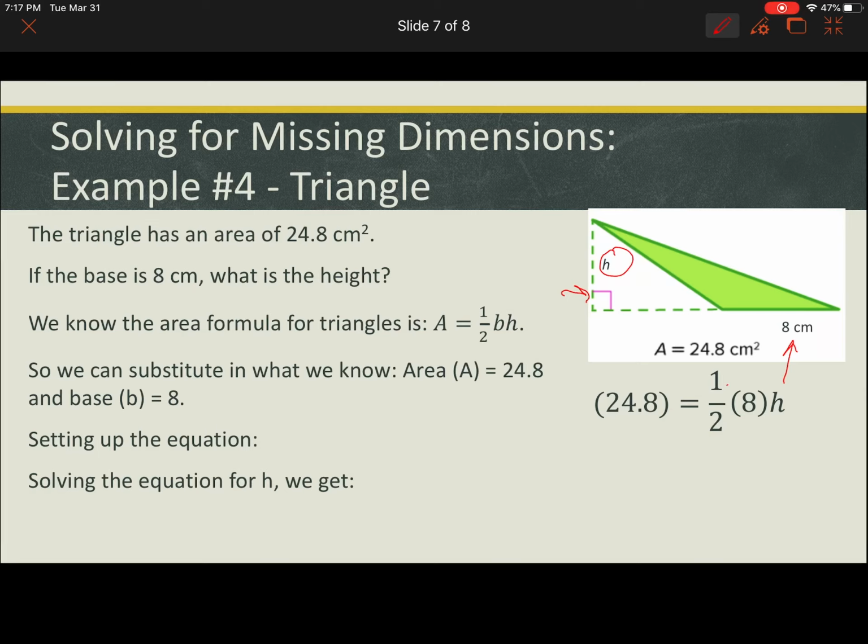So the first thing we need to do is distribute the 1/2, multiply 1/2 times the 8. So that's going to give us 24.8 equals 4h. Then we have to, inverse operation, divide by 4. And we're left with h equals 6.2 centimeters.